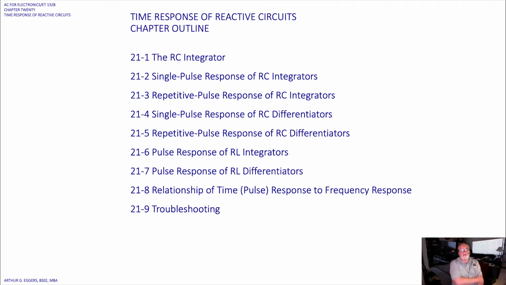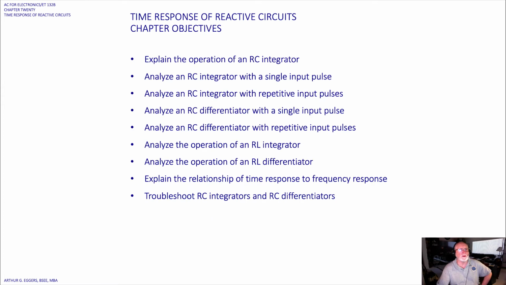So in this chapter, we're going to look at how we sum, to start with, the individual instantaneous values that are created by the charging of a capacitor and create the area under the curve, and understand how an integrator works, and then we move to a differentiator.